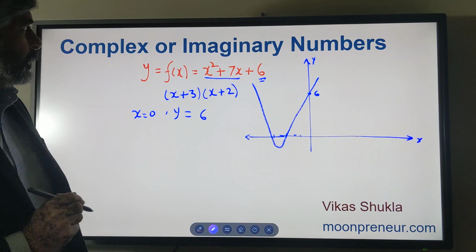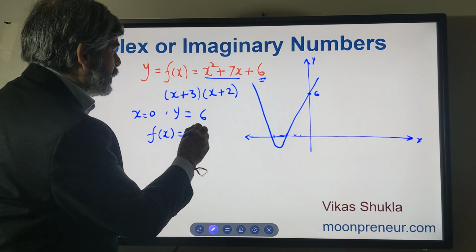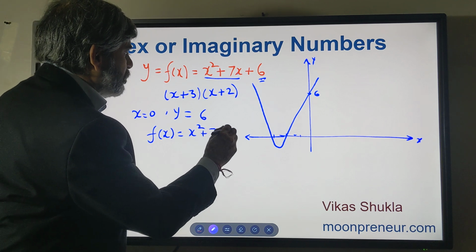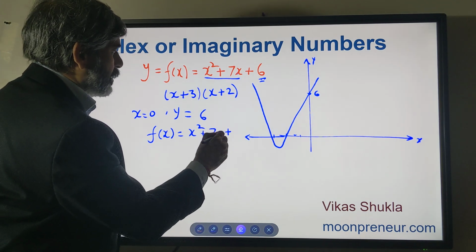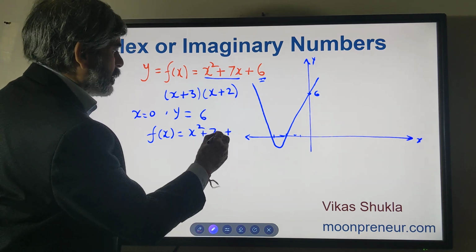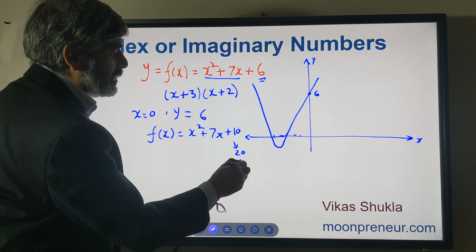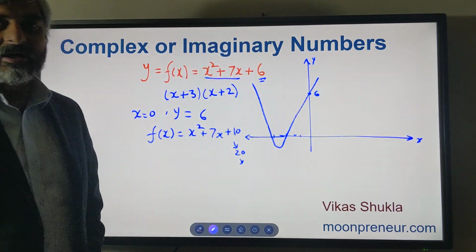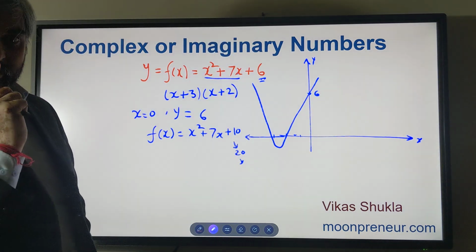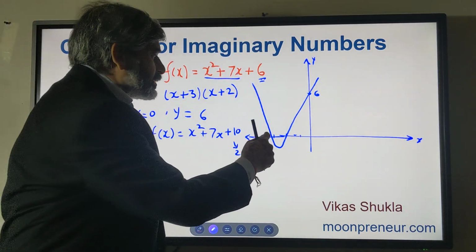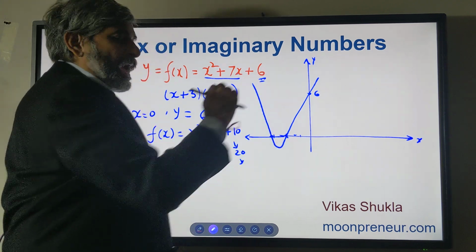For example, I can write f(x) equal to x squared plus 7x plus maybe 10, or I can write 20, etc. I can keep on increasing it. The parabola starts lifting up, lifting this whole thing upward. There comes a point where the 2 points that it intersected, it goes above it.